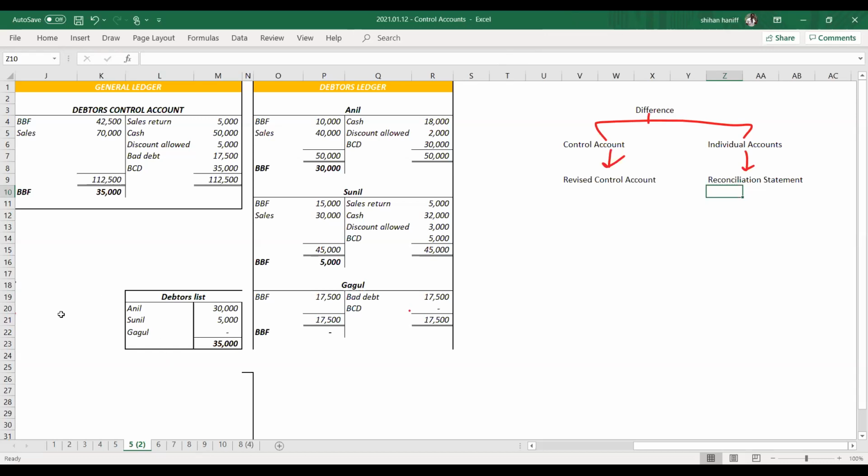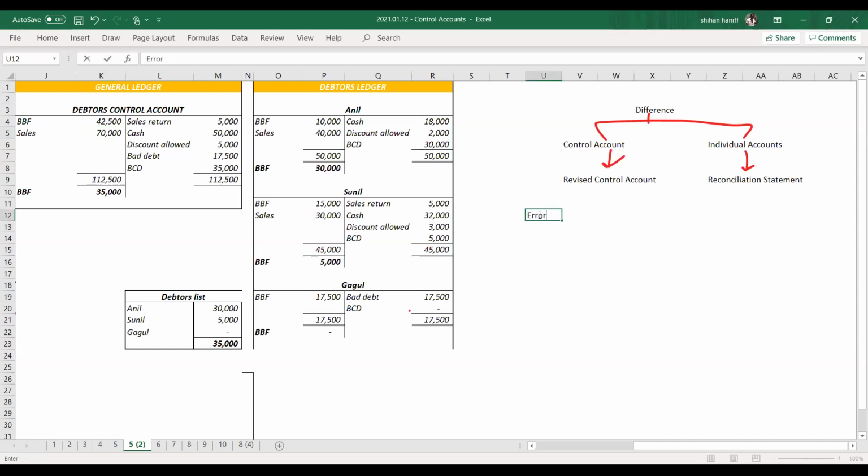Assume that now the sales total is 70,000. But in the control account, we are going to make a mistake. The actual amount is 70,000.